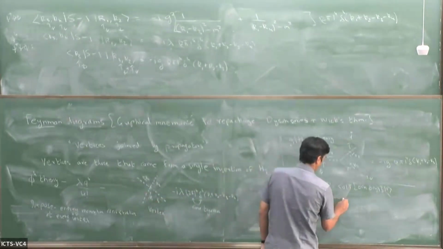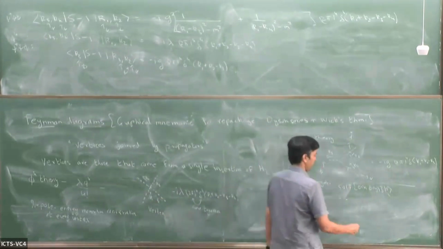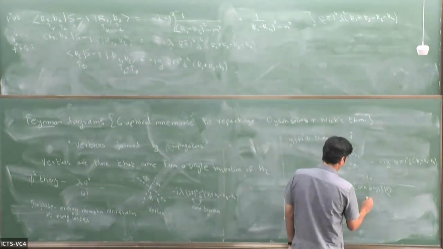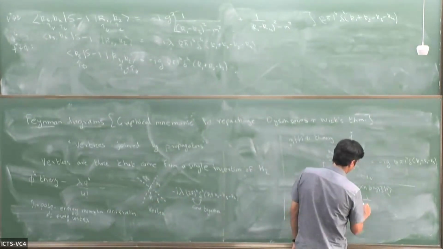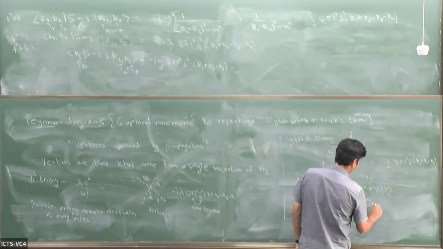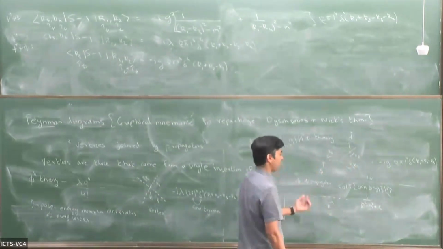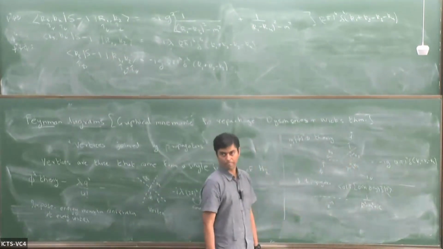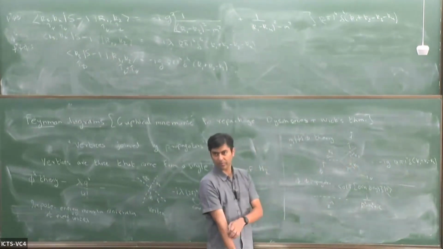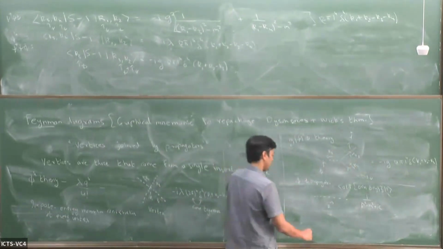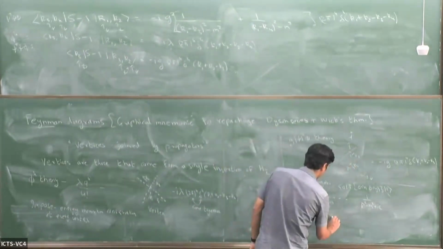What is the propagator here? Well, the propagator here is just plus i over k squared minus m squared plus i epsilon, where this is the momentum k. It doesn't matter if you draw the momentum the other way. It's still k squared minus m squared. And then there is this propagator.